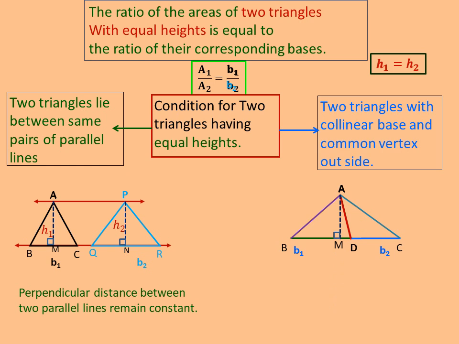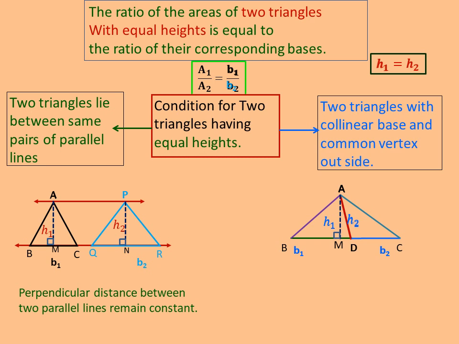So we will draw again a perpendicular from point A to its opposite side BC. If I take triangle ABC, because BD and DC are collinear, as you know, one and only one perpendicular can be drawn from point A on side BC. That means AM will remain the altitude for triangle ABD and triangle ADC both.